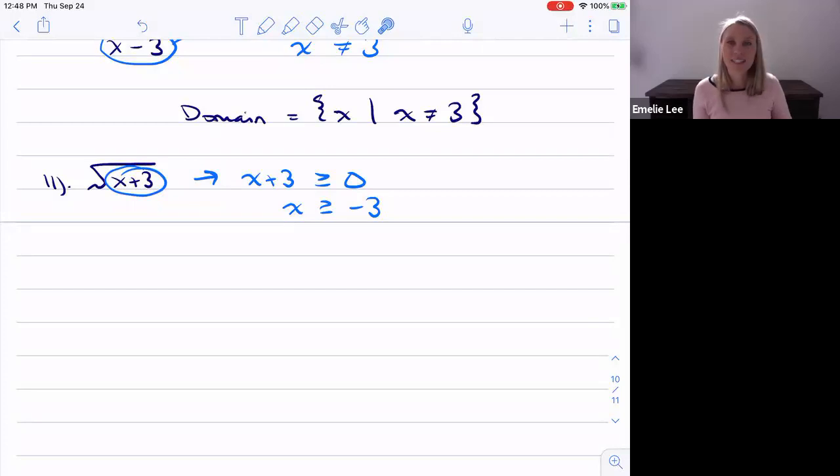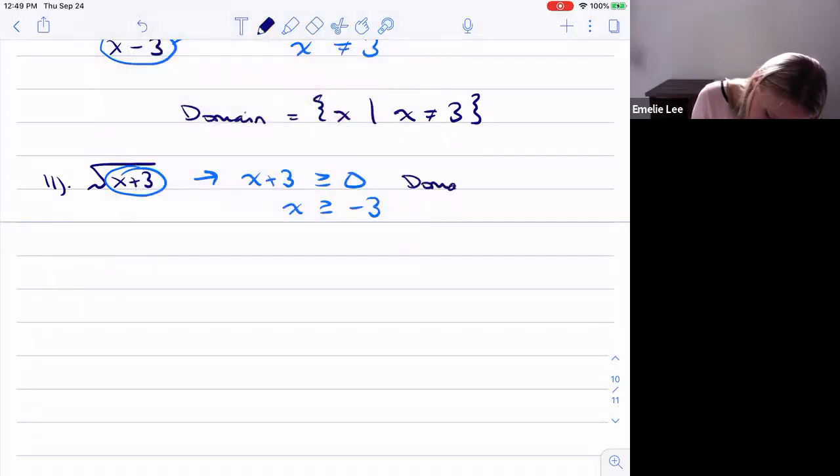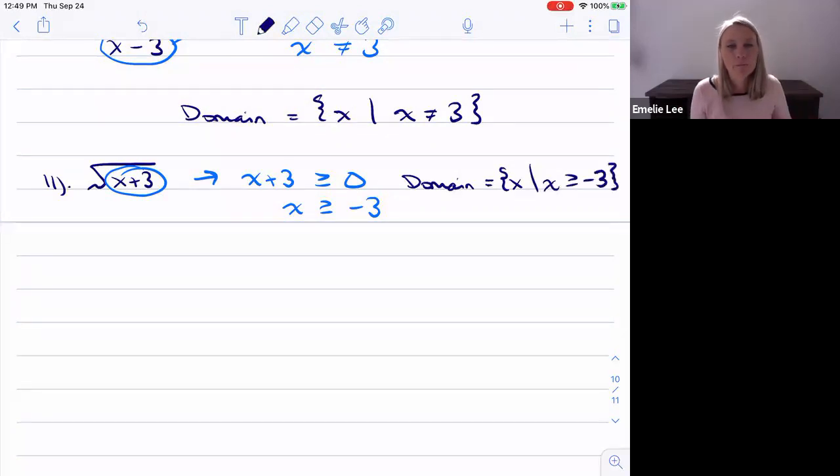It yields the imaginary number, but we're not going to go down that road. Okay. So then the domain here is the set of x's such that x is greater than or equal to negative 3. Notice that I'm always checking my domain just to make sure that what I'm saying makes sense.